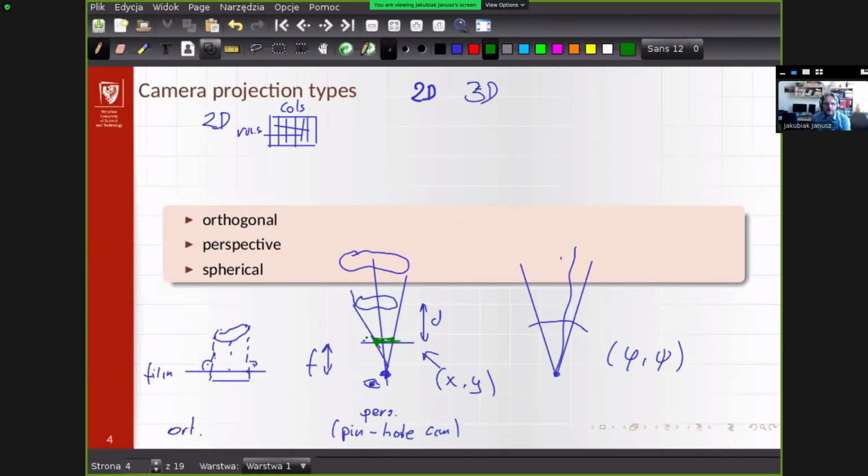this drawing that we had earlier that if you only have the image on a projection plane on a film, you don't know if it's this object or this object or even the object further.